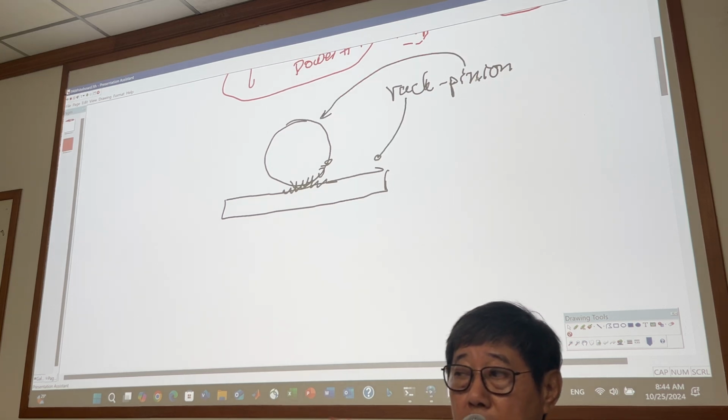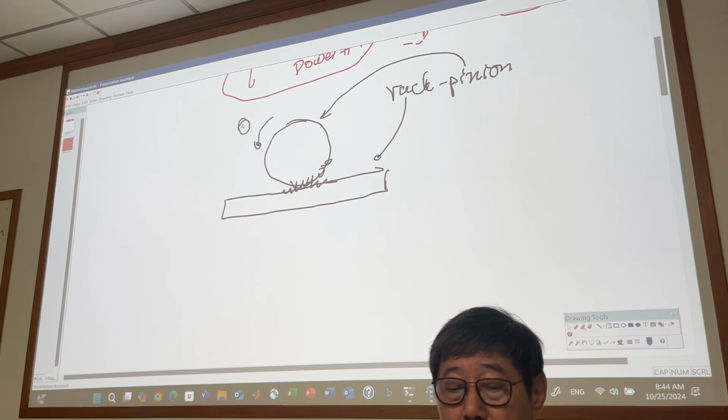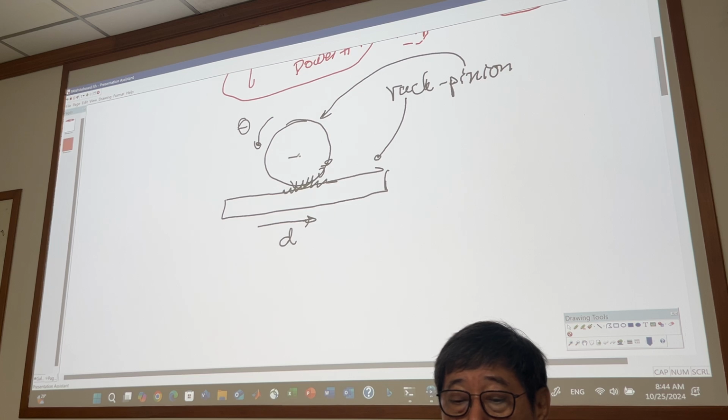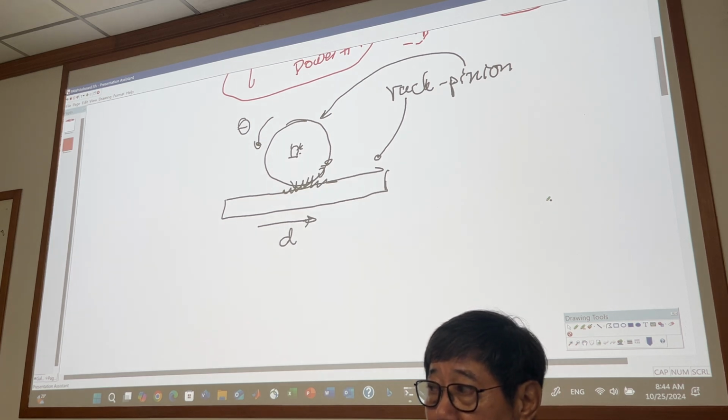Mostly we call the small gear the pinion. Rack and pinion changes rotation to translation, so the rack and pinion joint changes rotation to translation, similar to a screw, right?